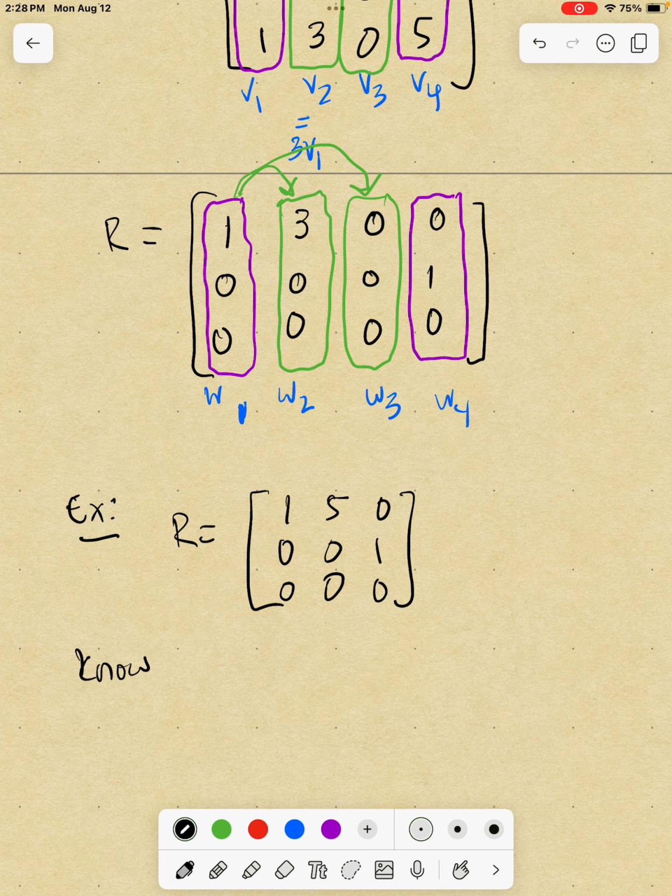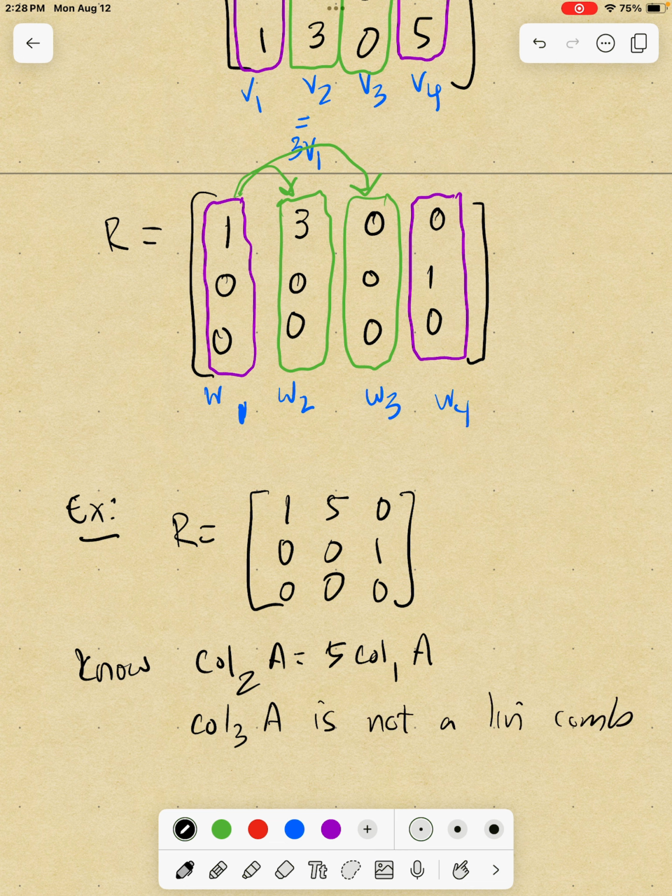But you know that column 2 of A has to be 5 times the first column of A. And you know that column 3 of A is not a linear combination of column 1 of A and column 2 of A. Right? So that's what you can say about the original matrix A given the reduced row echelon form.